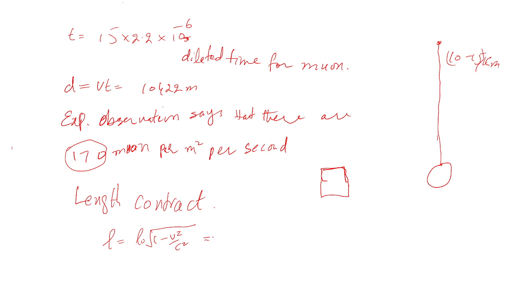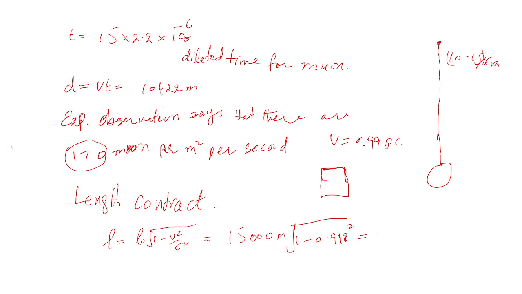So the L naught is, let's say, the maximum 15,000 meters, then it will be multiplied with this factor, which is 1 minus 0.998 square. As we see, the velocity of the muon is 0.998 c.